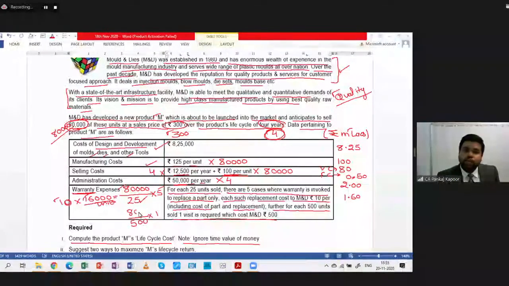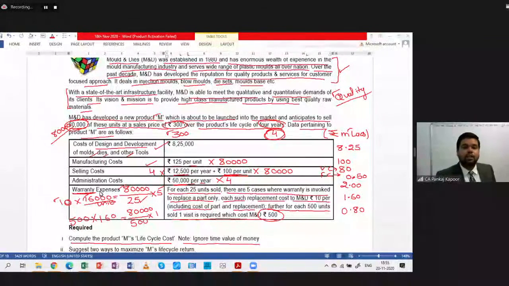So for a total of 80,000 units, how many visits do we need to conduct? We need to conduct 160 visits. And 1 visit costs us how much? 1 visit costs us 500 rupees. So can anyone tell me what is the cost of the visits? The cost of visits is 80,000.